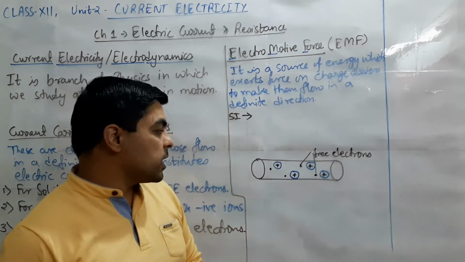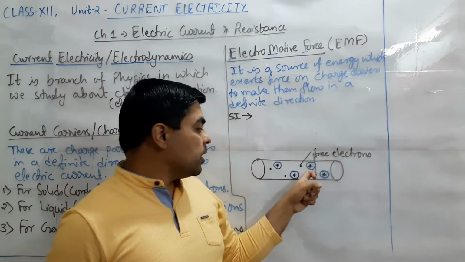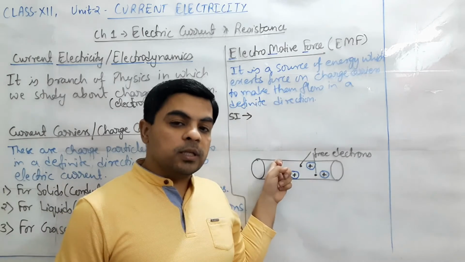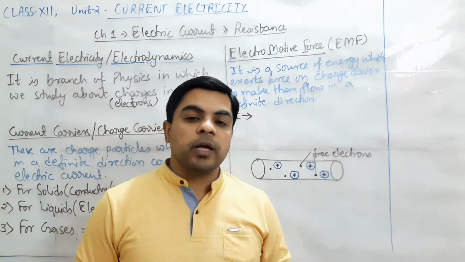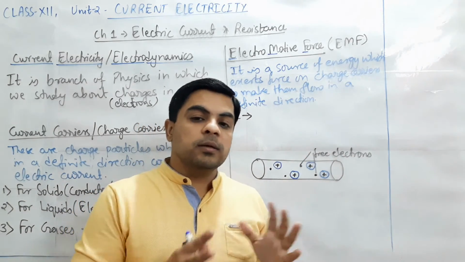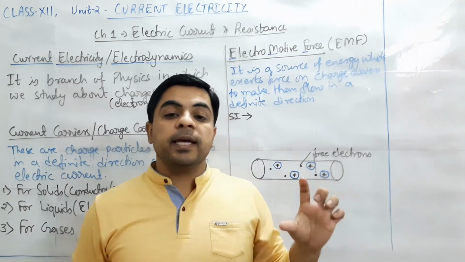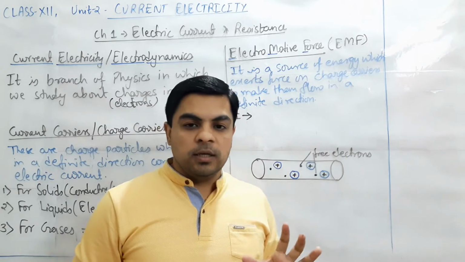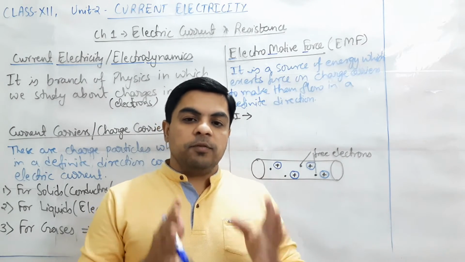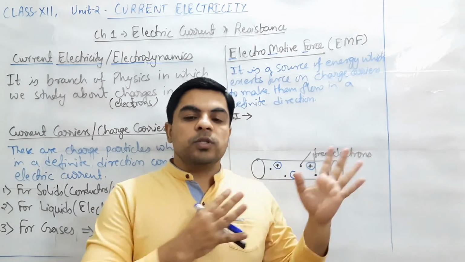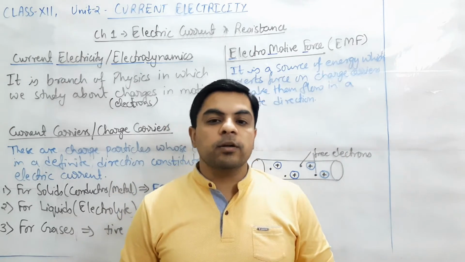So the factor which can perform work in bringing charged particles from one point to another, this type of requirement is obtained from electrostatics, which we have discussed as electric potential. You must know from that. If you haven't gone through that video, you must go through the chapter electrostatics.